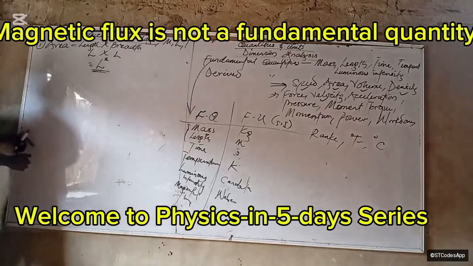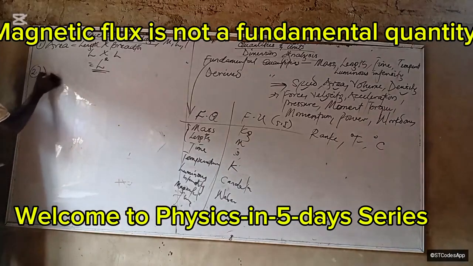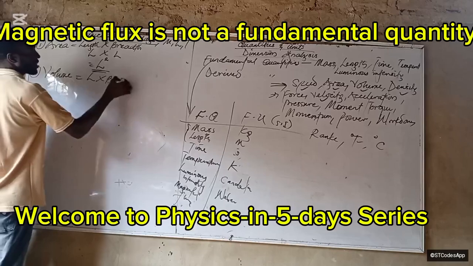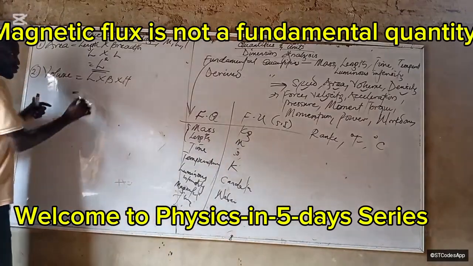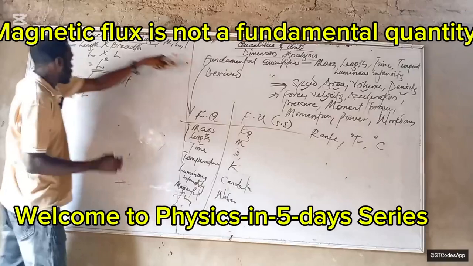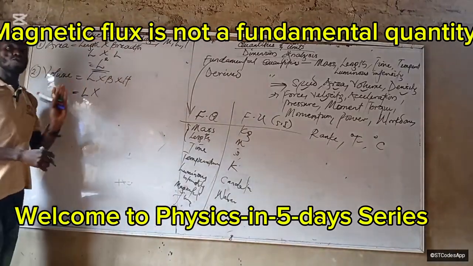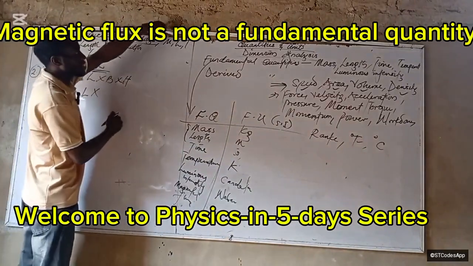Then that of temperature is Kelvin. We also have degree Celsius, which we use, degree Fahrenheit, and we also have Rankine. But the SI unit of temperature is Kelvin.